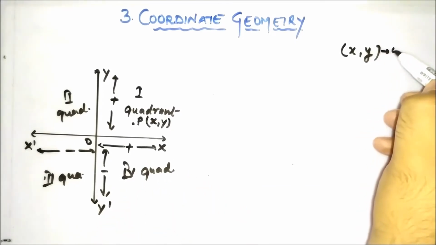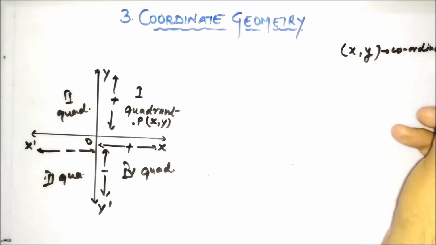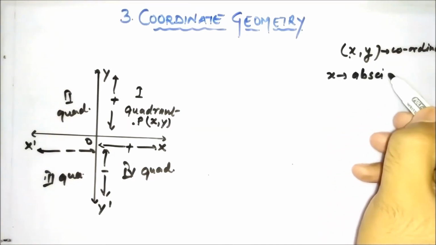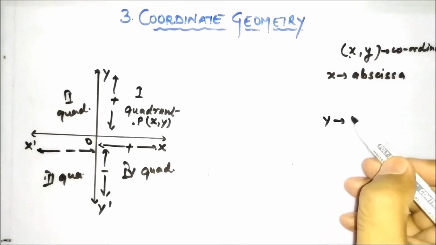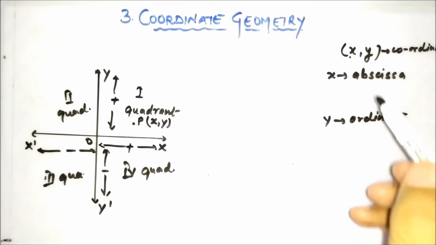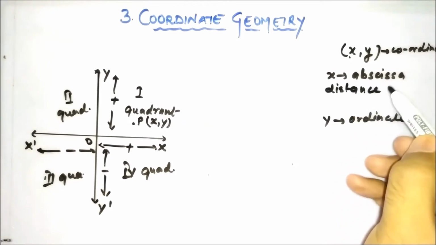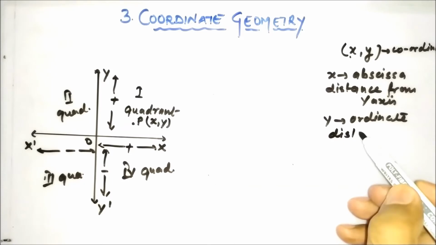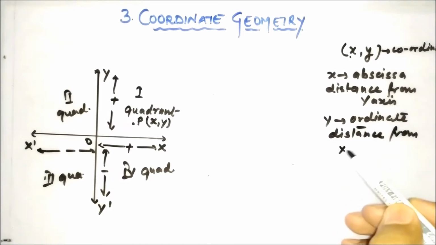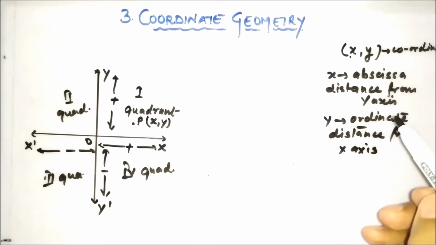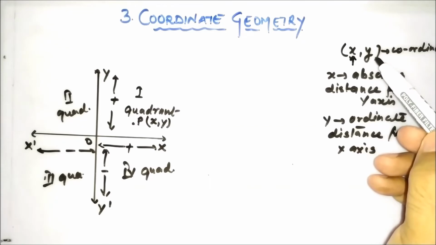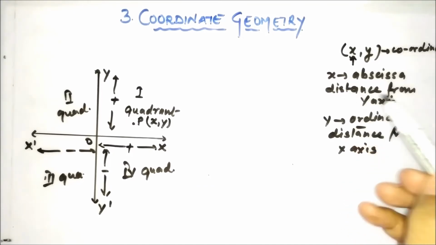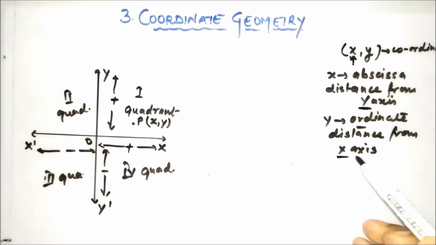This is known as the coordinates of the point, where x is also known as the abscissa and y is also known as the ordinate. The abscissa is the distance from the y-axis, and the ordinate is the distance from the x-axis. Always x is written first, followed by y.